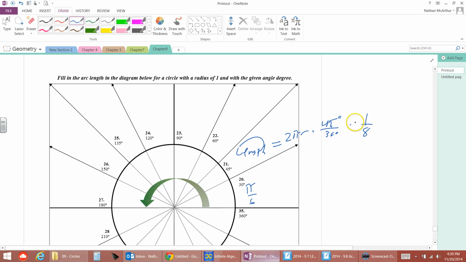So now I take that and I times it by 2 pi. Remember the r is just 1, so it goes away. I times the top to get 2 pi over 8. Reduce this down to be pi fourths. So this value right here is pi fourths.